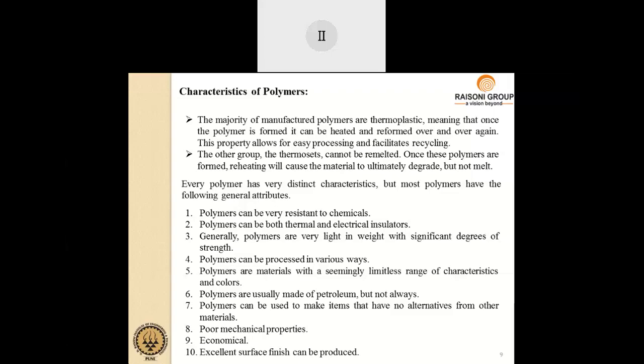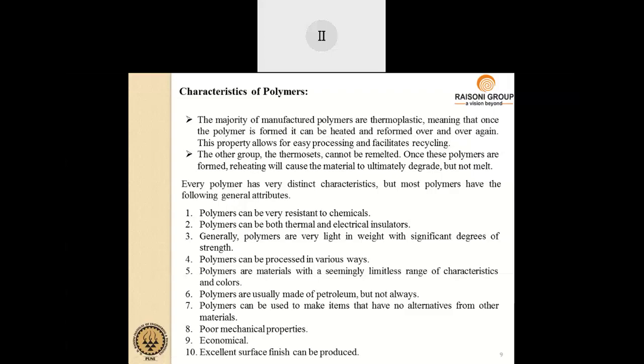We can reform that thermoplastic polymer again and again. That's why it is very interesting that the majority of manufactured polymers are thermoplastic, meaning that once the polymer is formed, it can be heated and reformed over and over again. This is a very interesting characteristic of thermoplastic polymers.